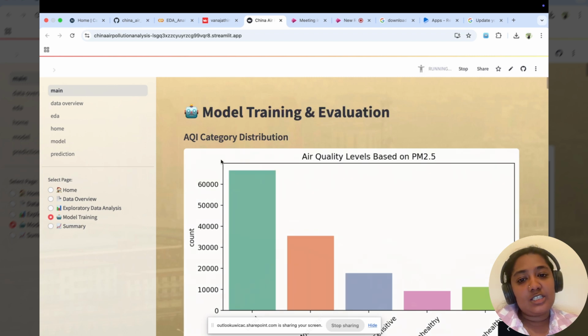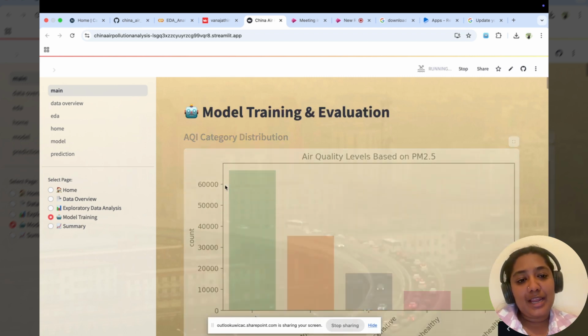And moving on to the next page, model training and evaluation. When I try the model training and evaluation, I have selected two models, decision tree and random forest.